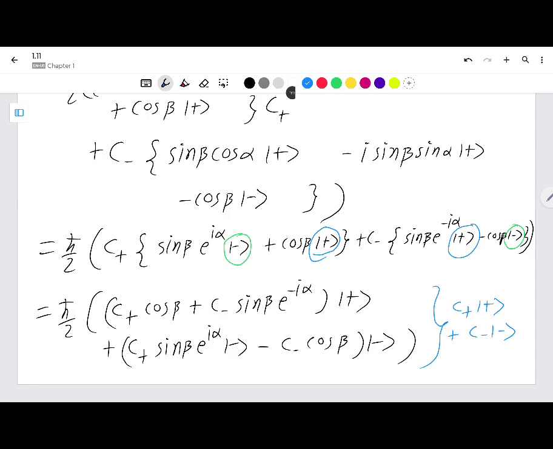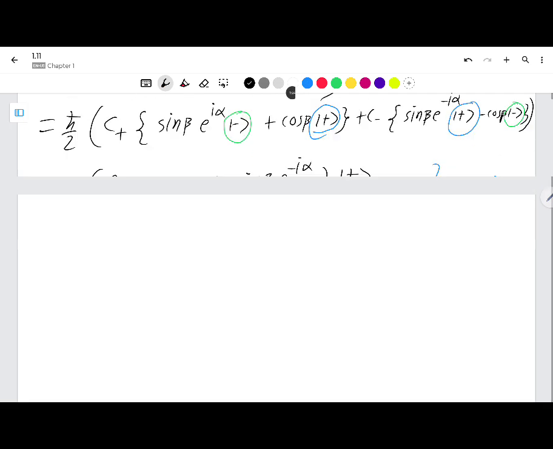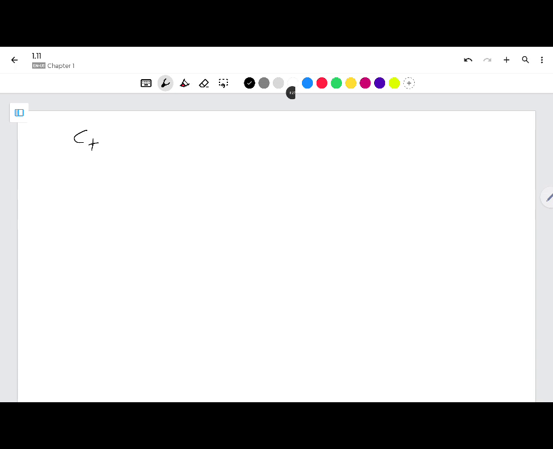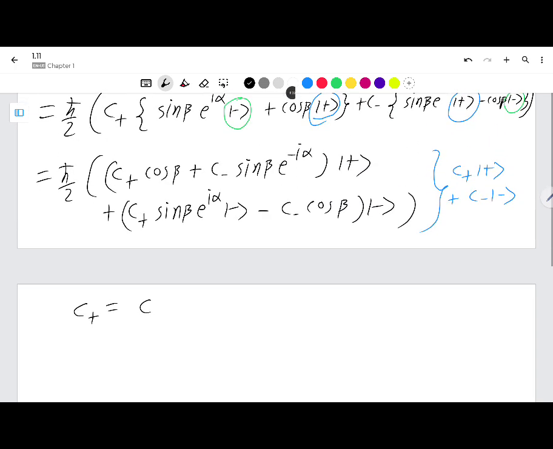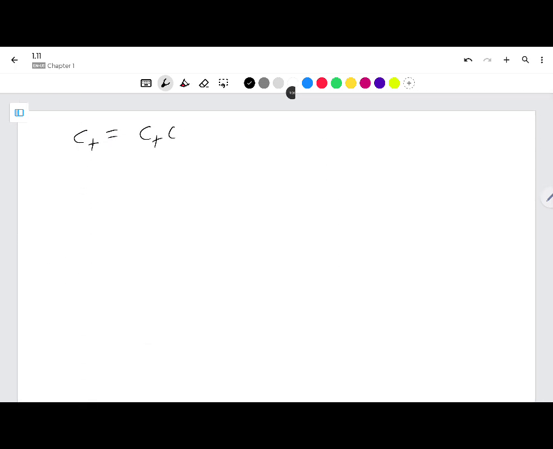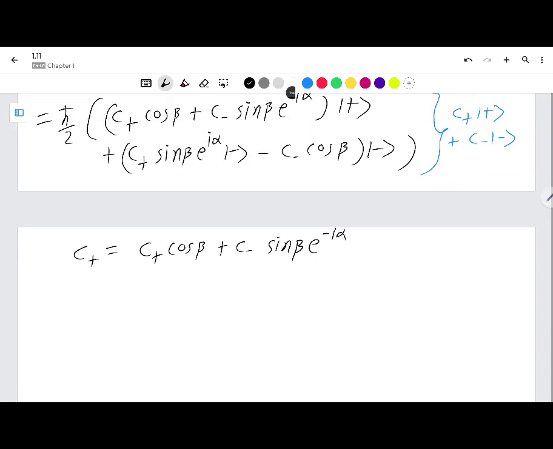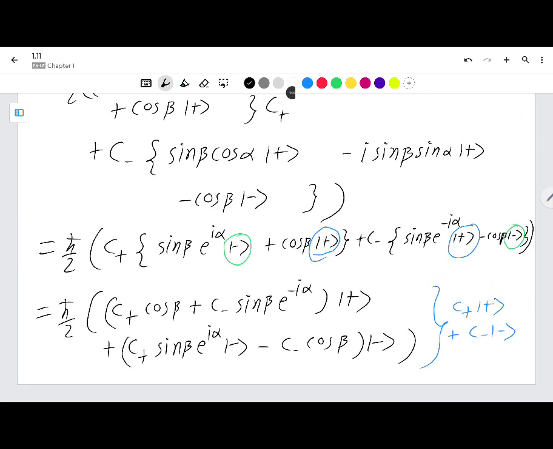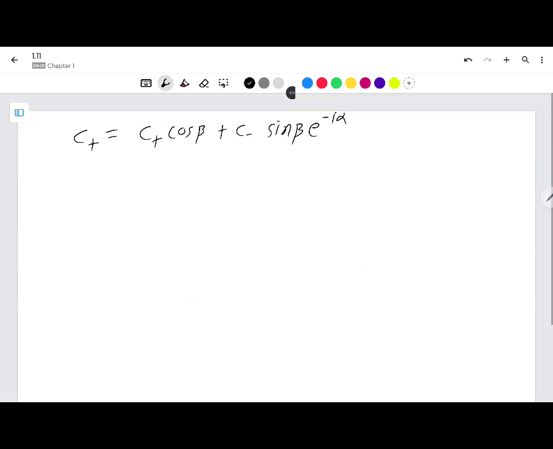Right, so if we compare the coefficients, then the coefficient of plus: C plus is equal to C plus cos beta plus C minus sine beta e power minus I alpha. If we compare these coefficients, the C plus here can be compared entirely with this. Okay, so what do we get?